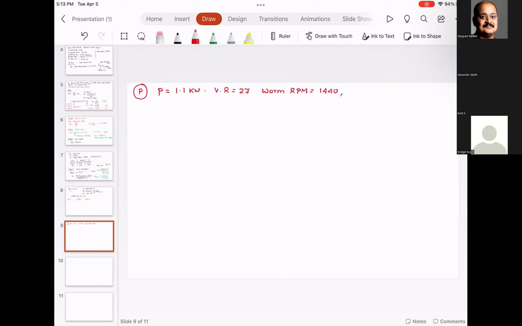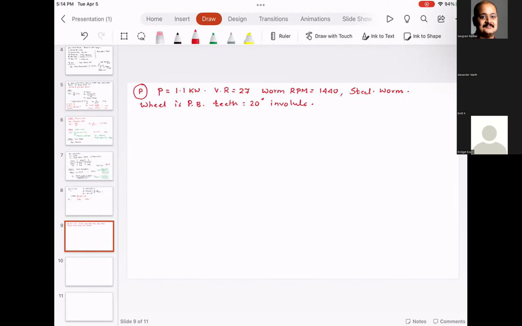The worm is made of steel, and the wheel is phosphor bronze. Teeth: pressure angle is 20 degrees involute. Now, what we want to do is find out the dimensions of this gear.